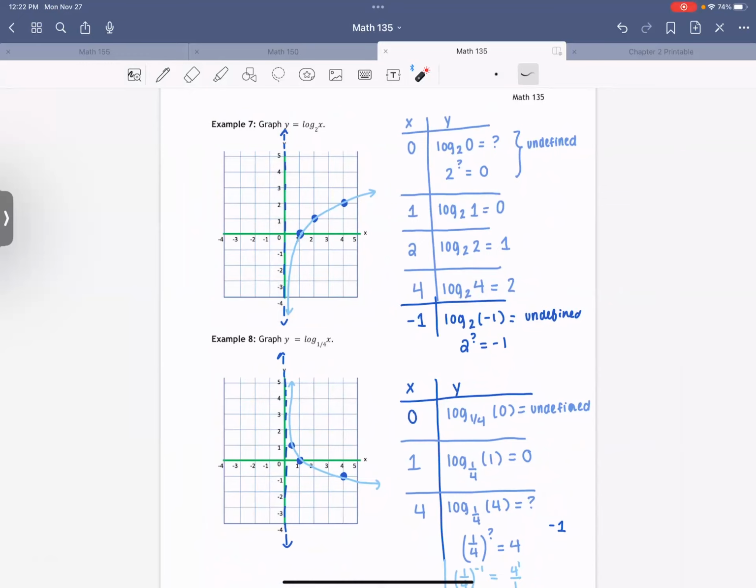All right. Any other questions on graphing? Are we ever going to have to translate these? I'm not going to ask you to translate them. I might ask you to draw the graphs on a test, but I'm not going to ask you to translate them, just because there's so much variation in the base. I don't know how that would actually work.